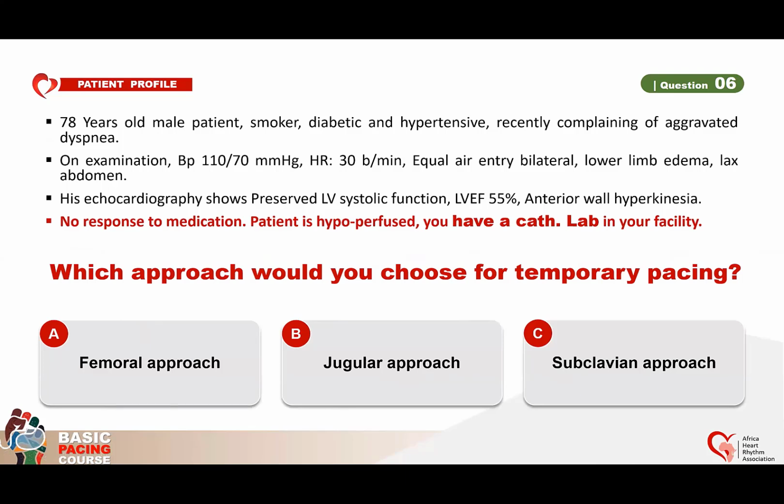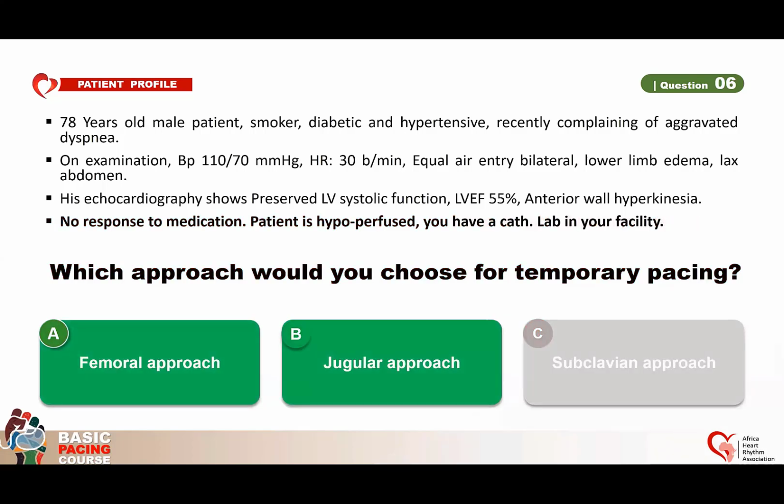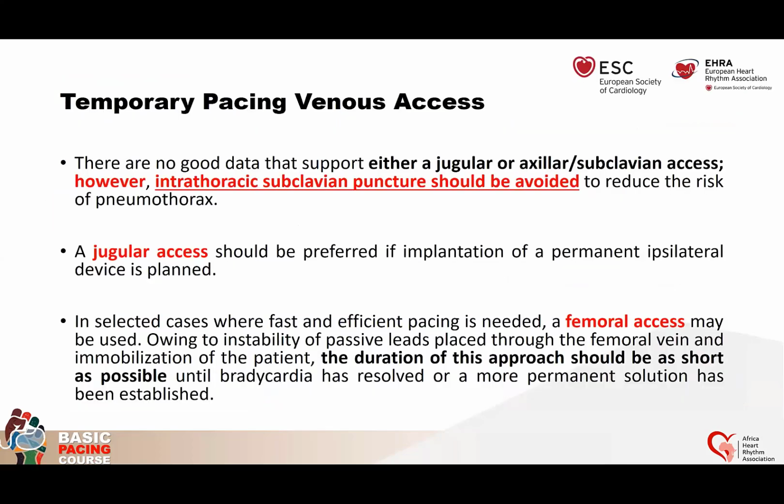Having this fluoroscopic guidance, and with lack of strong evidence about the preference of which access to choose, we can follow the guidelines that intrathoracic subclavian puncture should be avoided to reduce the risk of pneumothorax and to keep the subclavian vein free for possible permanent pacemaker implantation.